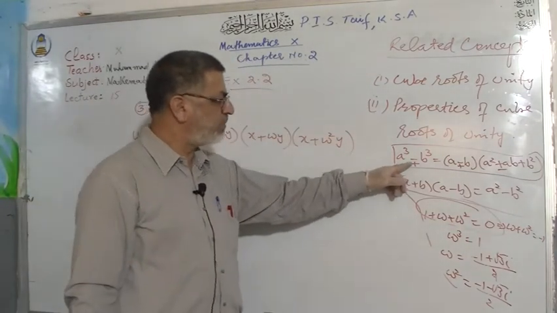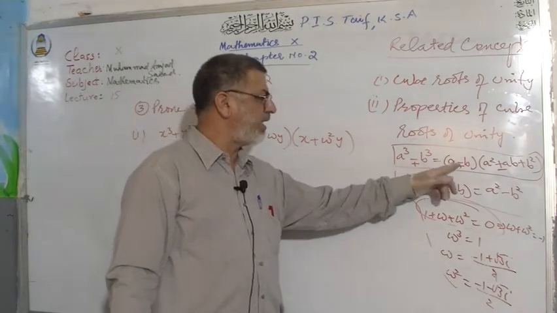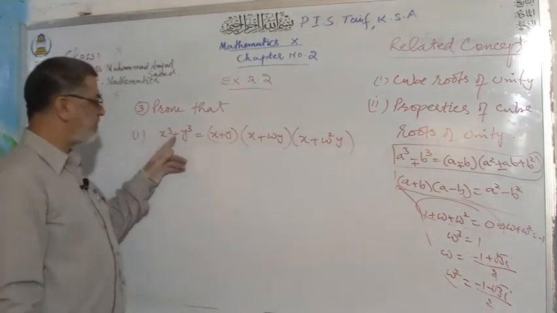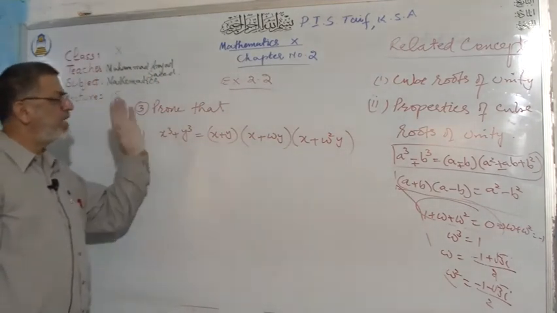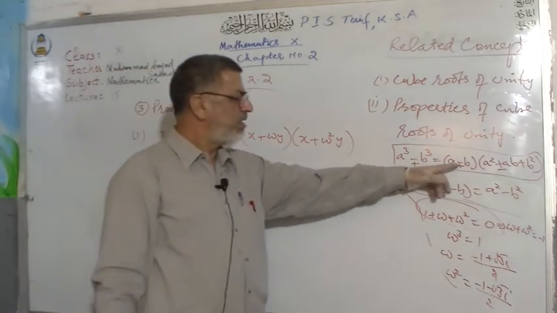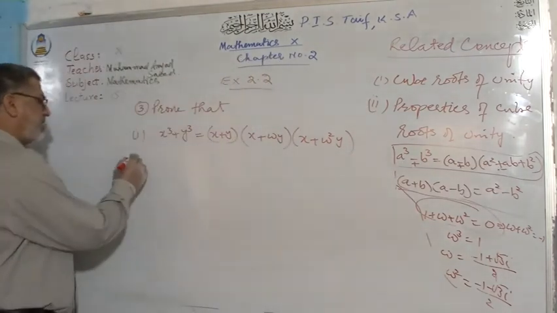Same formula with positive sign, a cube plus b cube. You have positive sign here, small bracket positive, big bracket negative. Similarly, here is positive sign. You must have the right hand side as this one, a plus b, a square minus ab plus b square. I am taking the right hand side.